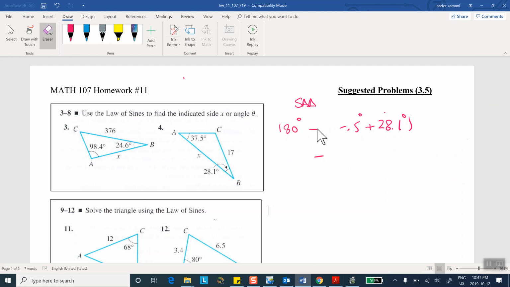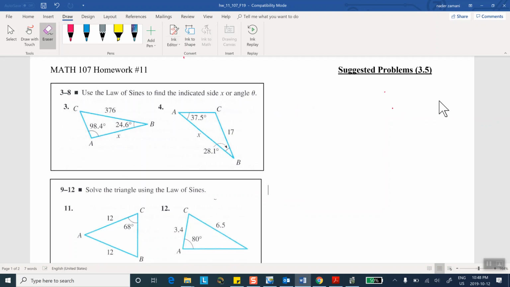Okay, so number 11. Let me write number 11 here for you. Just bear with me for a second.